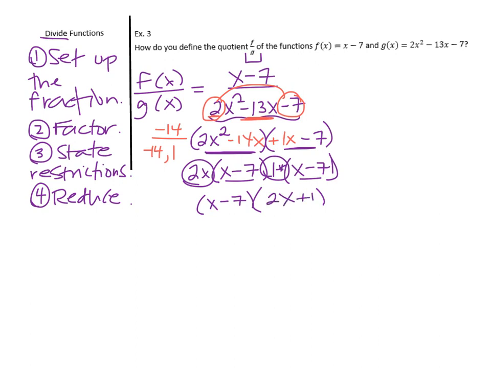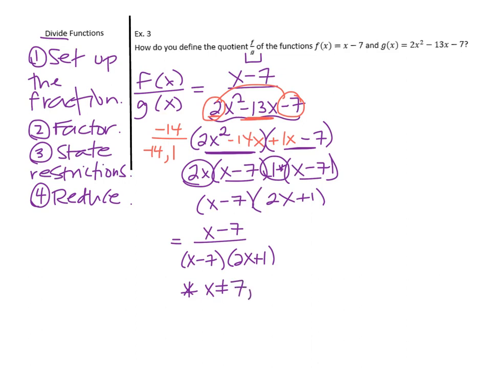So now f of x divided by g of x is x minus 7 in the numerator over x minus 7 times 2x plus 1. Now with this fraction, we're going to have 2 restrictions in our domain. Let's identify that before we simplify. x minus 7 means that x can't equal positive 7.